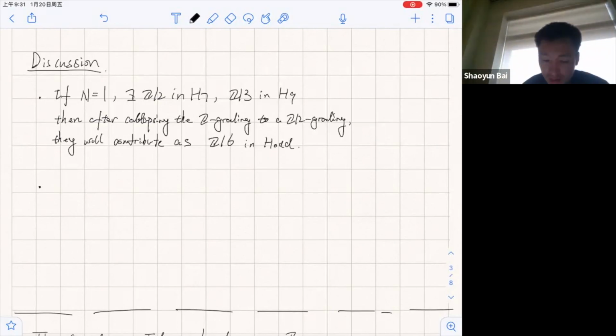So in this case, although we have two different torsion components from the Z grading point of view, they only contribute once to our lower bound.